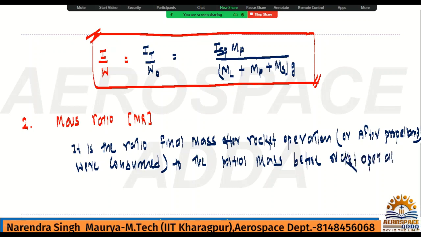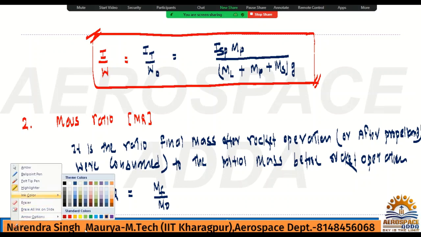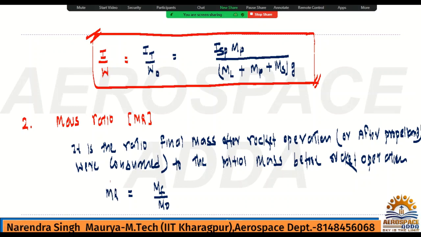So this term you need to remember. What is the MR? MR is the mass ratio, and it is denoted by m small f divided by m naught. What is mf? It is the final mass after rocket operation divided by the initial mass before rocket operation.